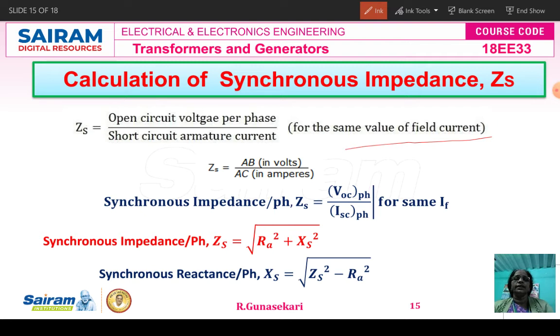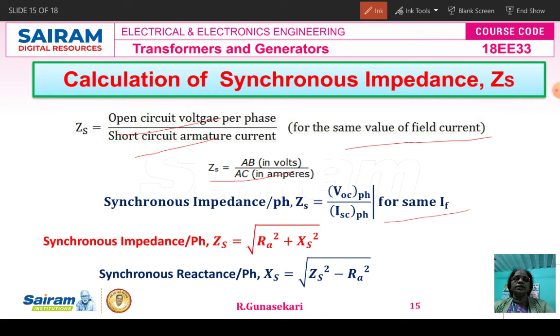From the OC and SC characteristics, ZS is nothing but AB divided by AC. AB is the open circuit voltage per phase, AC is the short circuit current per phase, for the same value of IF. IF is equal to OA.